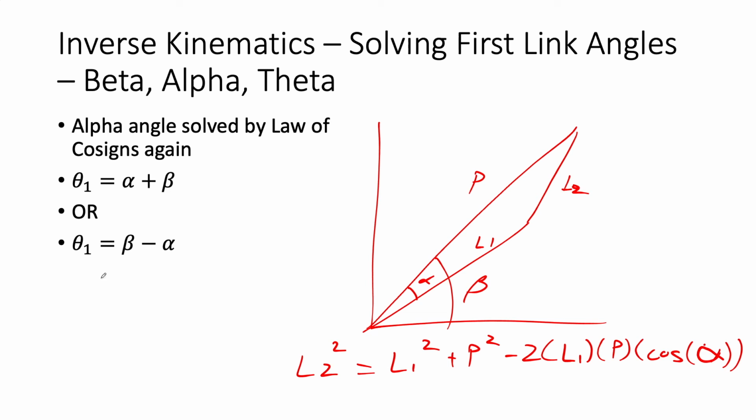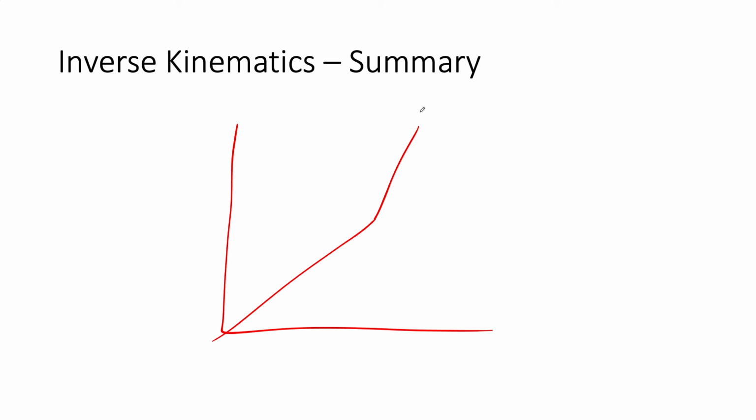So we now know, I hope I've been saying theta 1 and not theta 2, we know our beta angle, we know our alpha angle, we can solve for theta 1. And at that point, we know everything that we need to know, right? So just to quickly summarize everything, we started out with a point of interest.